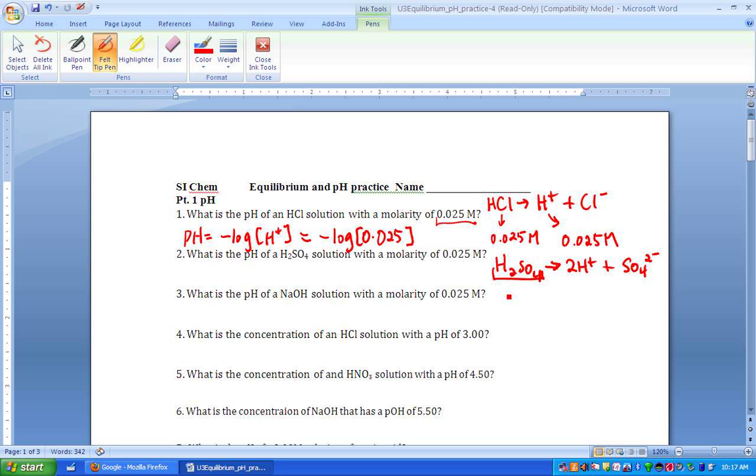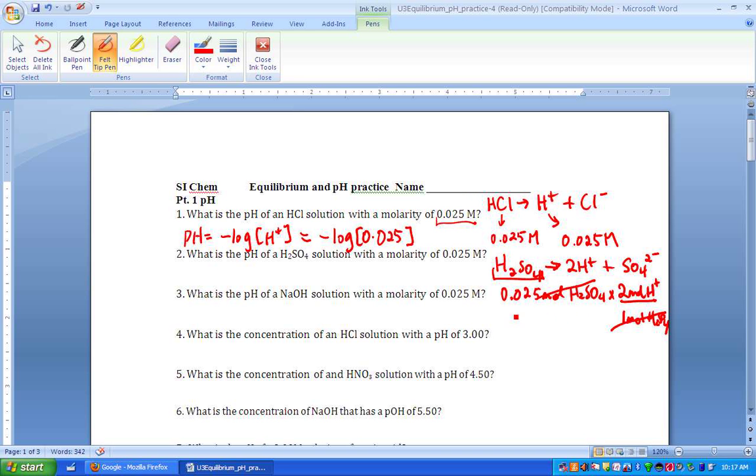If you remember dimensional analysis, you can set this up as if you have 0.025 mole of H2SO4, you put 1 mole of H2SO4 in the bottom, and you put 2 moles of H+ ions on the top because it has a 1-to-2 ratio.